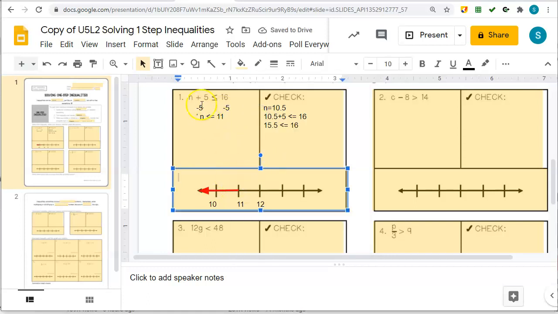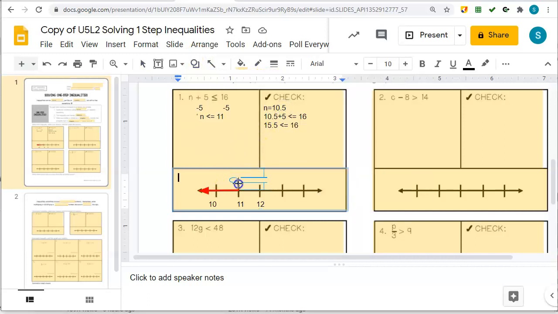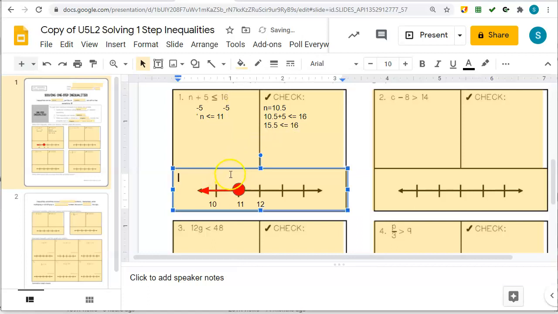And then I also want that dot at the end, so I'm going to insert a shape, and I want that shape to also be filled in that same color. So there is our answer.